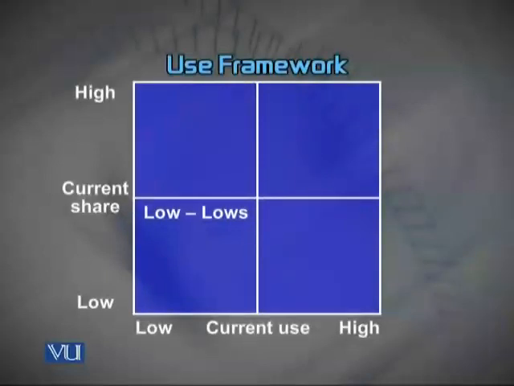Now on the other side, you have high lows, which basically means that the current share is very high, but their consumption is very low. If this kind of group exists and the marketer has been able to find a particular group of people who have a high market share but a very low consumption pattern, the logic would be to try to increase their usage rate, which means to try to force them to buy more.